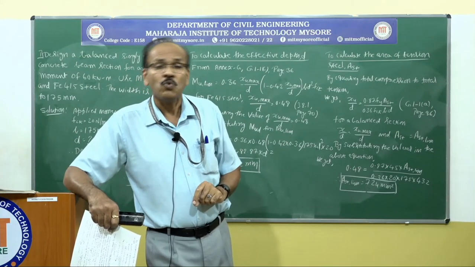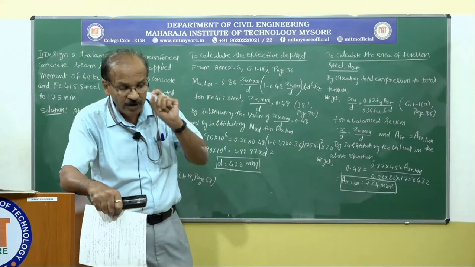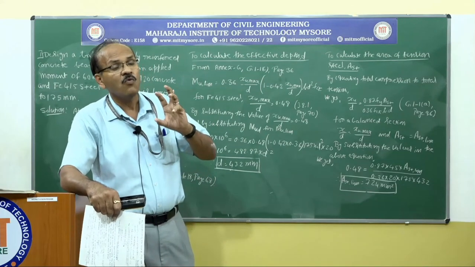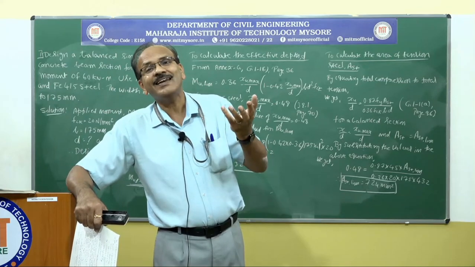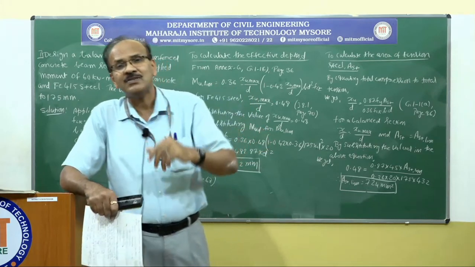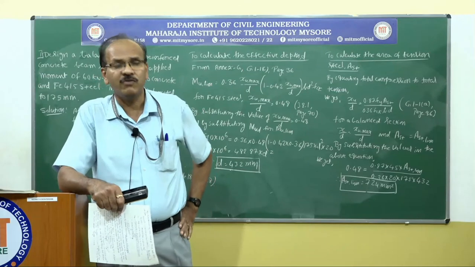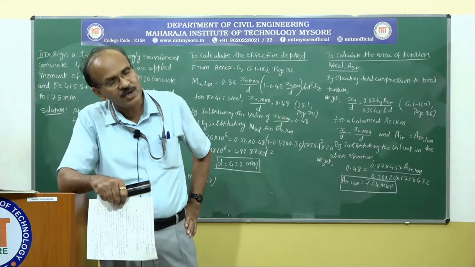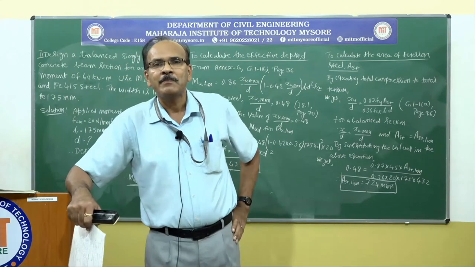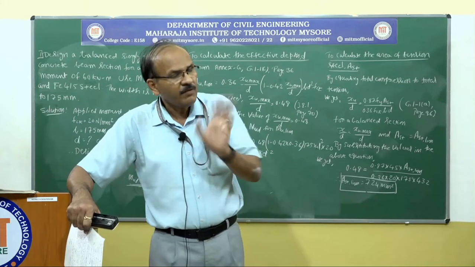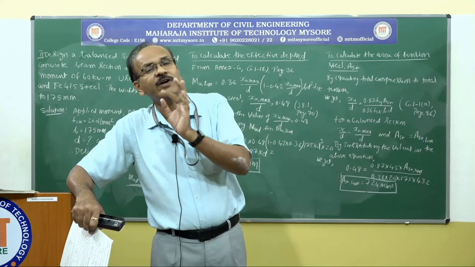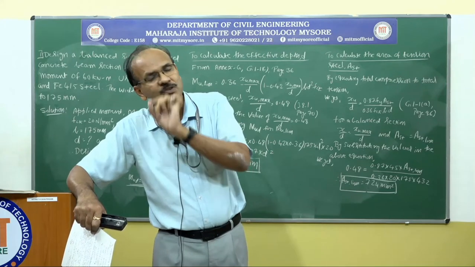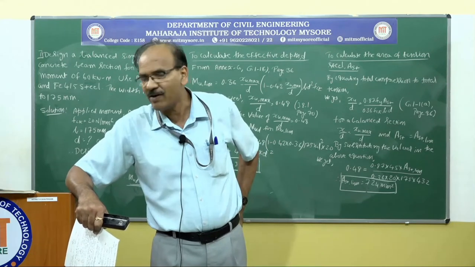So what if you design a section as over-reinforced? That means if you provide steel more than required for a balanced section, it is going to be over-reinforced. In such cases, when you keep loading a beam, the steel will not reach its strain value of Fy divided by 1.15 Es plus 0.002 first.